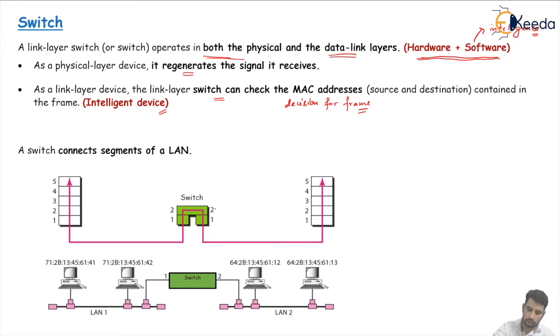Mainly here you see this has two layers, the physical layer and the data link layer, connecting two LAN segments. Here we have four devices, and these are their physical addresses, or MAC addresses. We already saw in the data link layer that a MAC address is a 48-bit address.